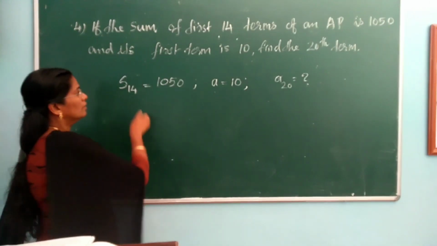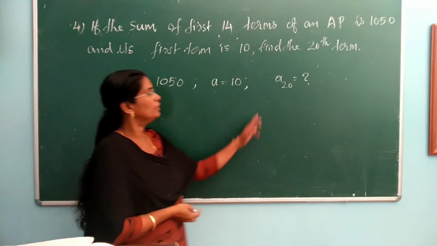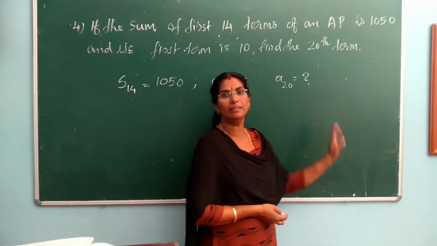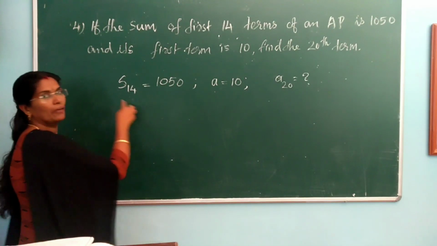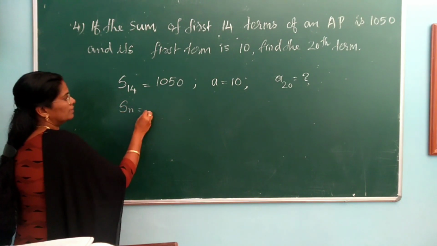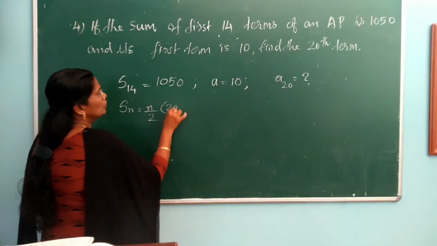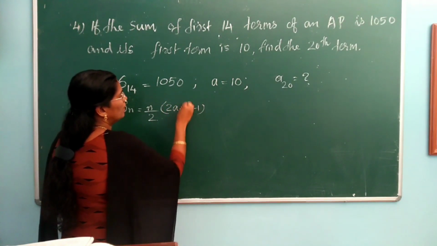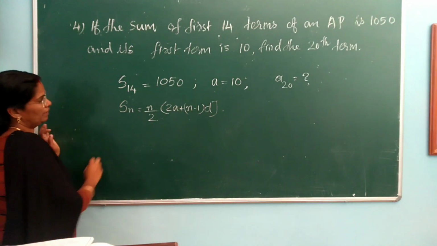Okay. So only first term and sum is given. A20 means A plus 19 D. D we need. But D is not given. From this we have to find D. So we are applying the formula Sn is equal to n by 2 into 2A plus n minus 1 into D. This formula we have to apply here.